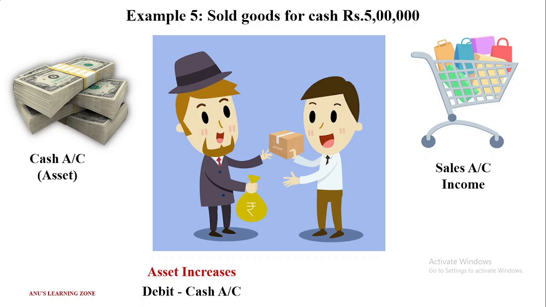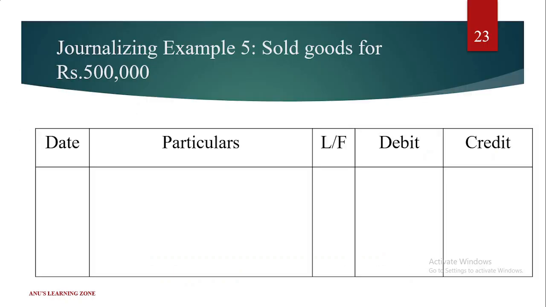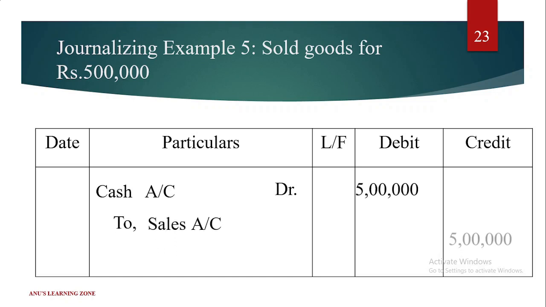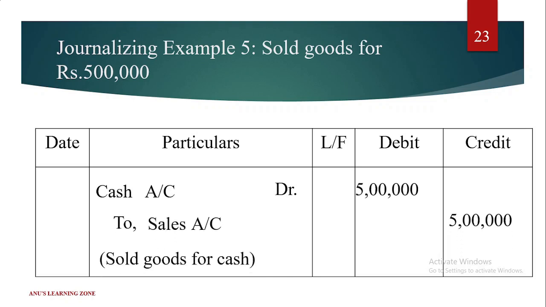When income increases, we have to credit that account, that is, we credit the sales account. The journal entry becomes cash account debtor to sales account. So again, in the journal we write cash account debtor to sales account, amount 5 lakh, narration sold goods for cash. Okay, clear?